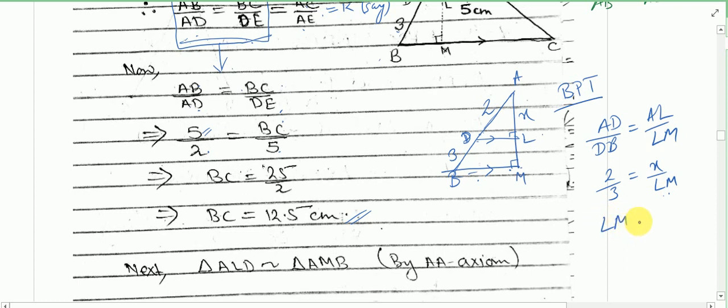LM will be 3x by 2. So you got LM in terms of x, and you need the total length AM. So you can simply add AL and LM, and you will get x plus 3x by 2, which is 5x by 2. Okay, so now let us see.